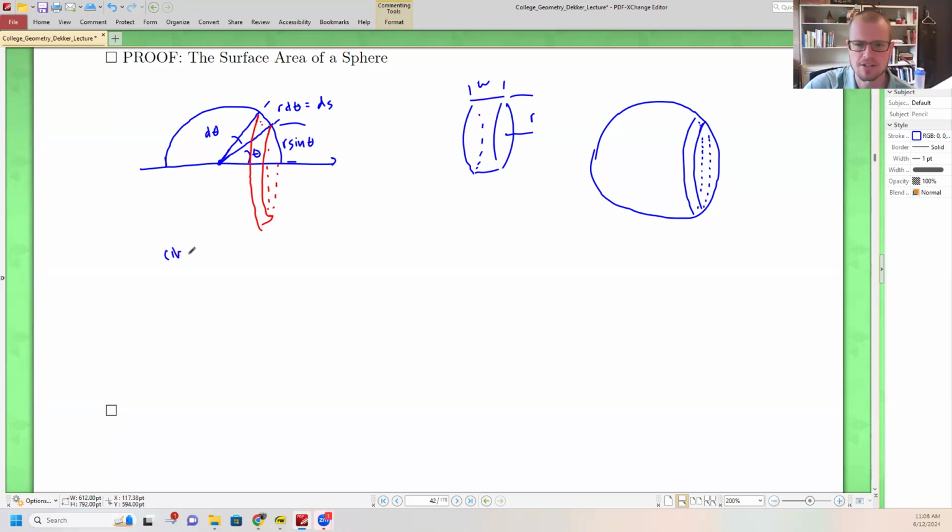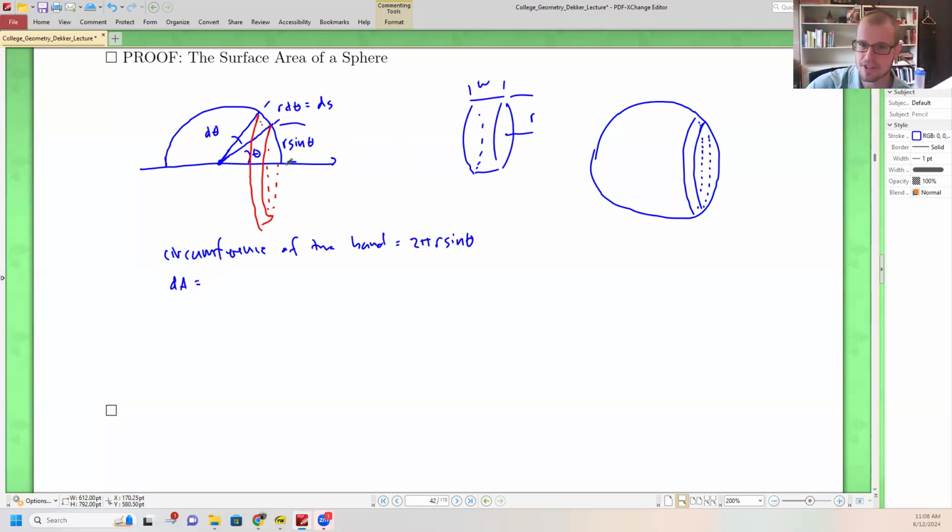The circumference of the band or the strip here, this red thing, is equal to the whole circumference, 2 pi times the radius. The radius of this thing is r sine theta. So that's going to give us what we'll call dA, the change in area for our sphere.